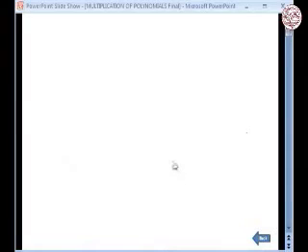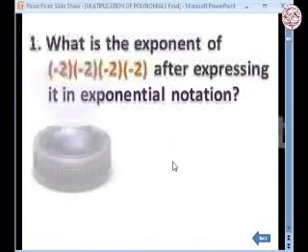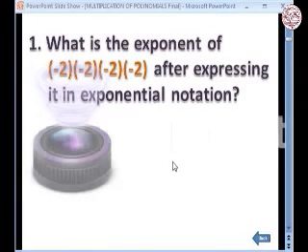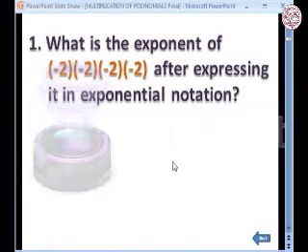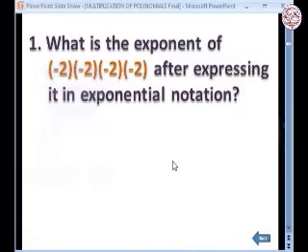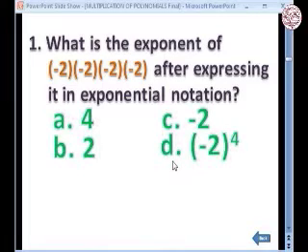The first question, here you go. What is the exponent of negative 2 multiplied with negative 2 multiplied with negative 2 and negative 2 after expressing it in exponential notation? A, 4. B, 2. C, negative 2. And D, negative 2 raised to 4.